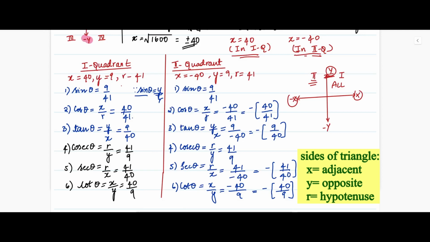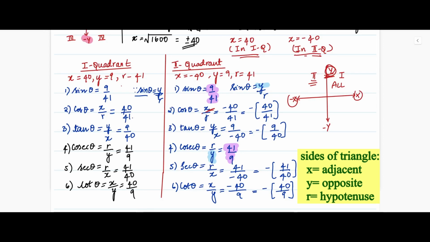Functions which are involving y coordinate will have positive value, that is cosec theta is involving the y coordinate and sin theta is always y divided by r. Sin theta is also involving y coordinate, so sin theta and cosecant theta are having positive values, but the remaining functions involve x coordinate values.